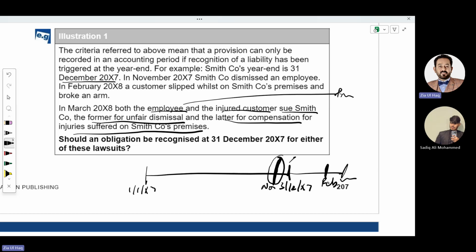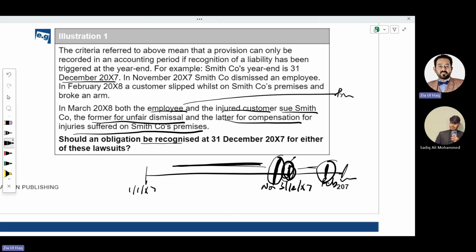And for the customer who slipped, it's not meeting present legal obligation from past event because this is a future event. The event should be before year end. As this is not meeting the first condition, there shouldn't be a provision.